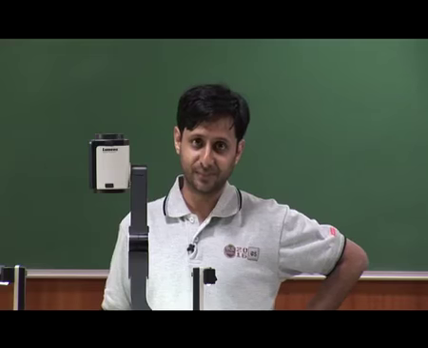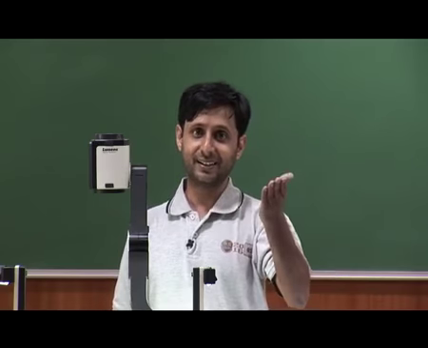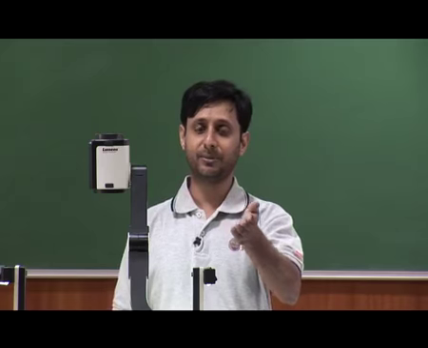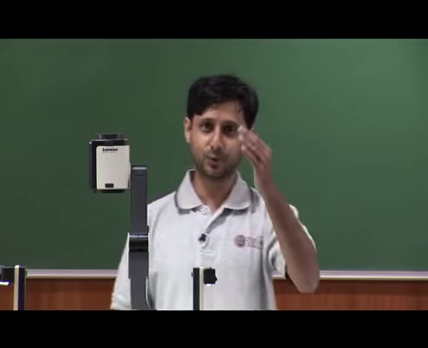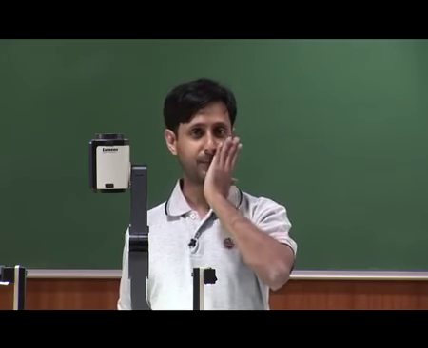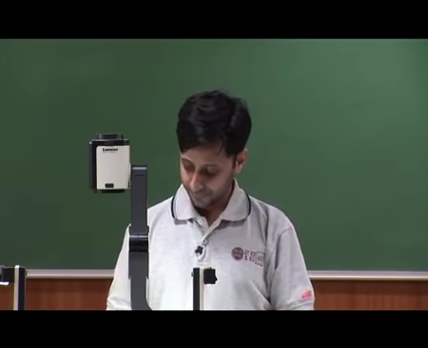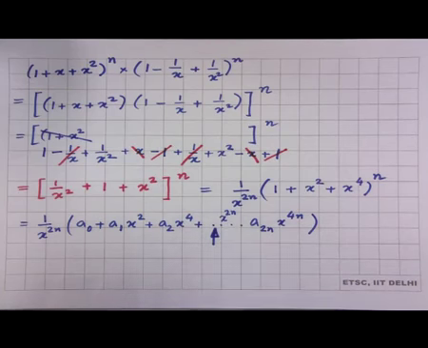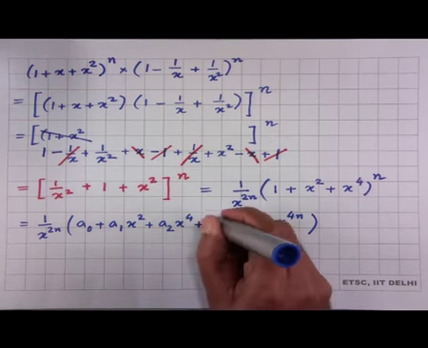That is the nth term, right. A 0 x power 0, a 1 x squared, a 2 x power 2 times 2. So, what is going to be x power 2 times n? The coefficient is going to be a n.